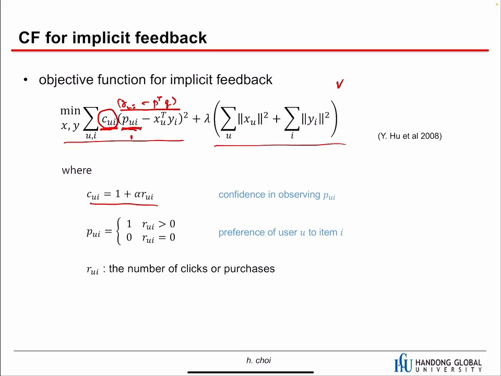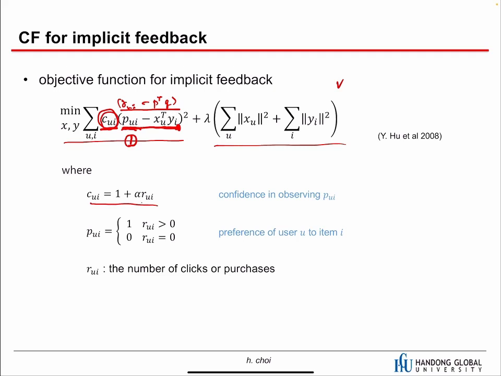So it would be 1. Then the question is, if this estimation is not correct, then we need a different weight, because if this item is a hot item, then we have to be correct. And if this item is not that frequent, not that hot an item, then even when we are not correct, it's not that big a deal. So C sub UI will control that kind of weight.